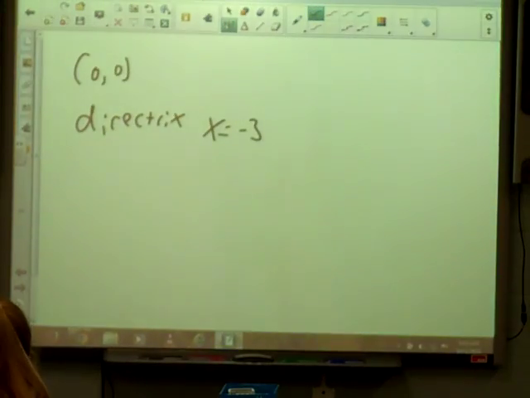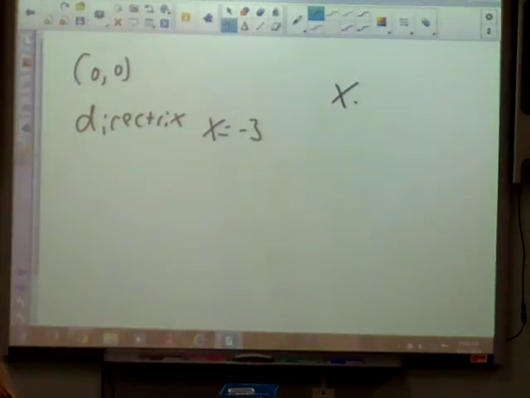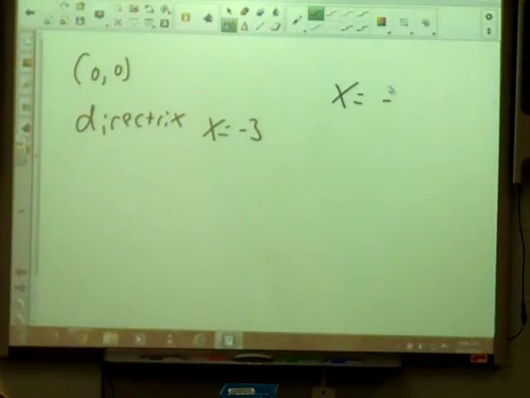Looking over there on your chart for directrix, the y equals goes with normal ones, right? The x equals goes with the sideways one, so we're down there on the sideways ones, which means the equation I'm going to write is in the form of x equals 1/4p y squared.